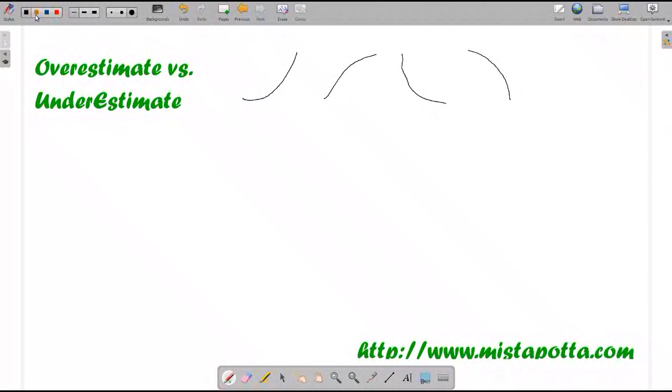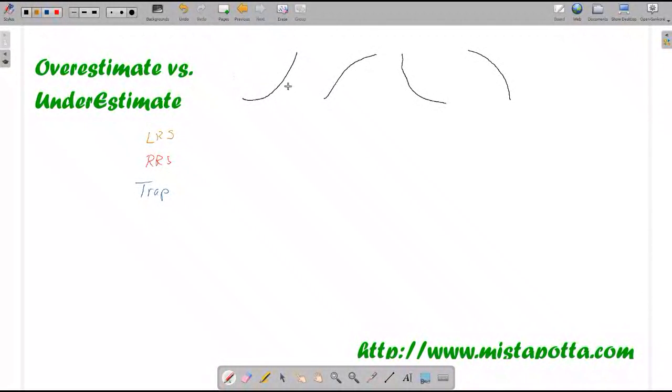And so what I want to do is investigate my left Riemann sum, my right Riemann sum, and my trapezoid, when we're dealing with overestimates versus underestimates.